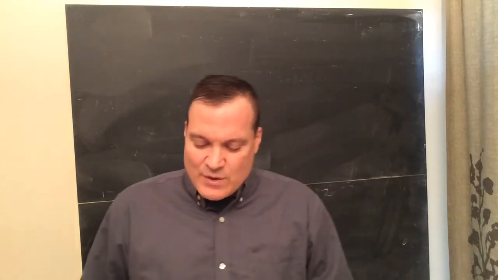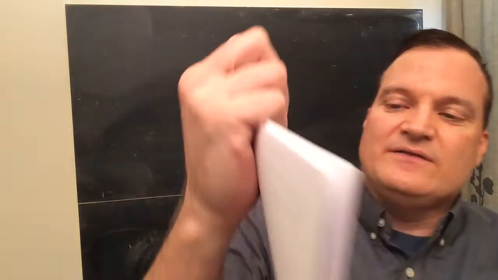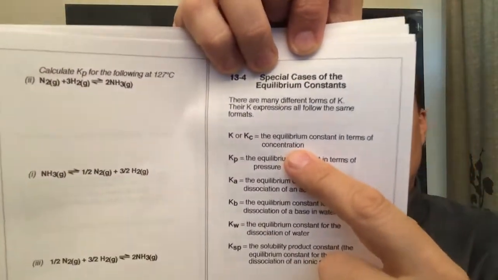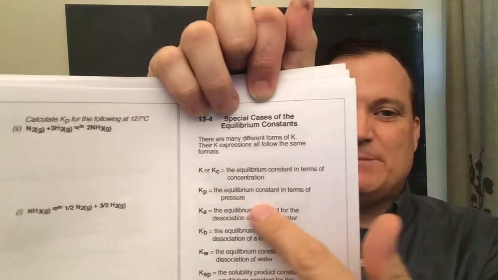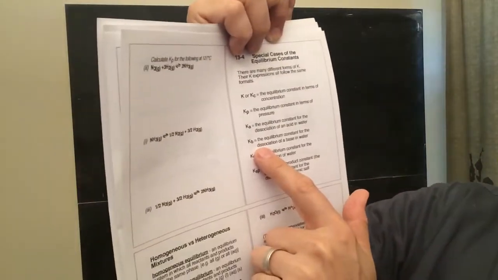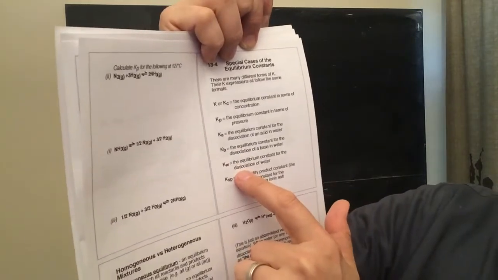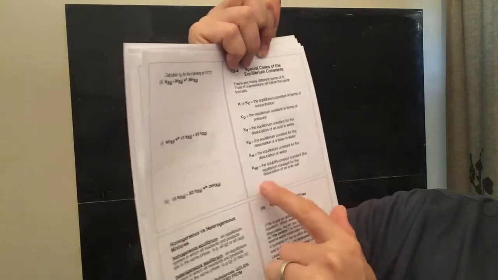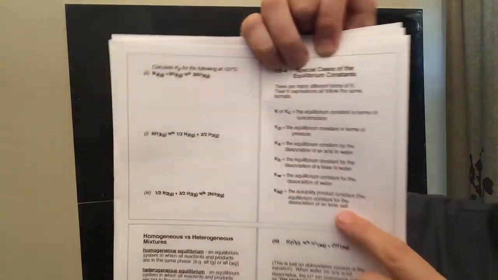And the kind of questions they can ask you: a question dealing with K or Kc. Remember, that's equilibrium with molarity values when you put brackets in it. Kp is when you put pressure. We talked about that. There's one called Ka for acids, Kb for base equilibrium, and Kw is water dissociation equilibrium, and then there's Ksp for solubility.